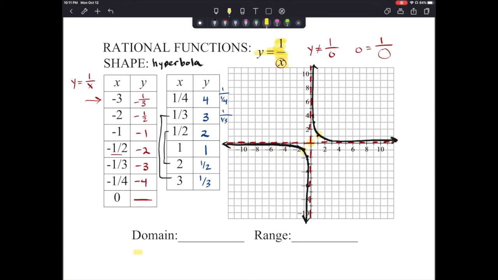So our domain here looks like it's going to be from -infinity. I'm going to write it beneath, actually, if I can get a pen that works. So we're going to say -infinity to 0, and then from 0 to +infinity.